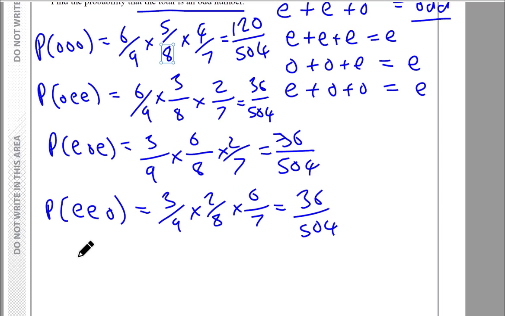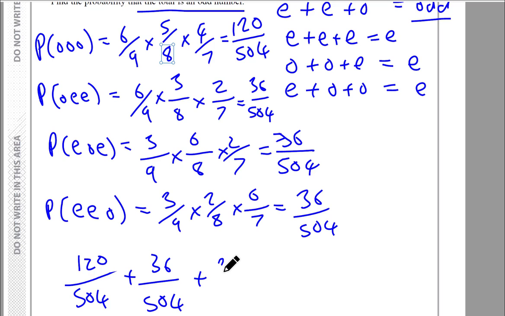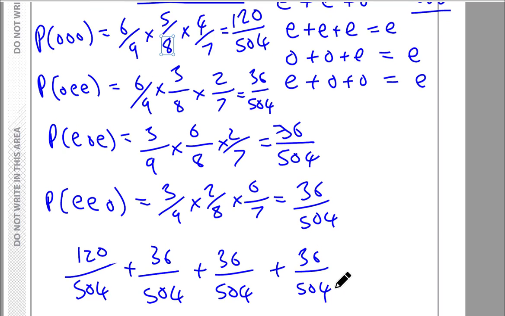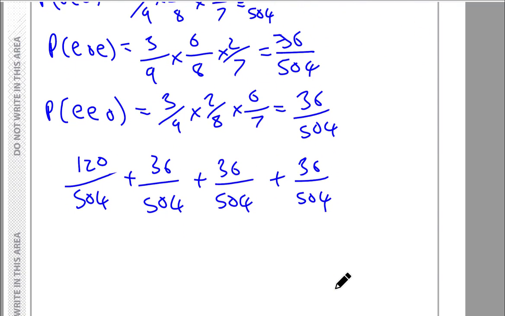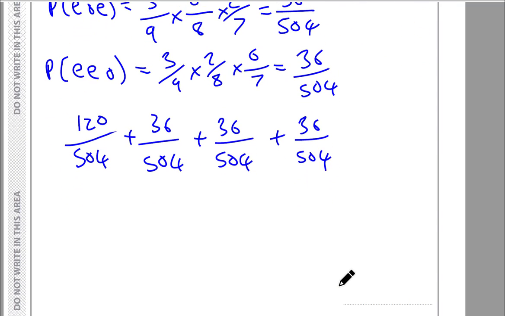So 120, let's just make sure we hit those method marks. Add 36 over 504, add 36 over 504, add 36 over 504. Feel free to use your calculator for this.